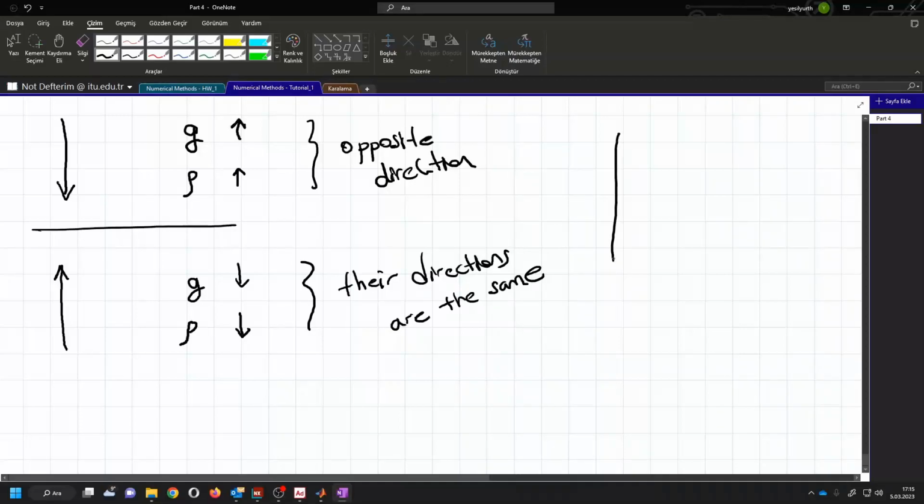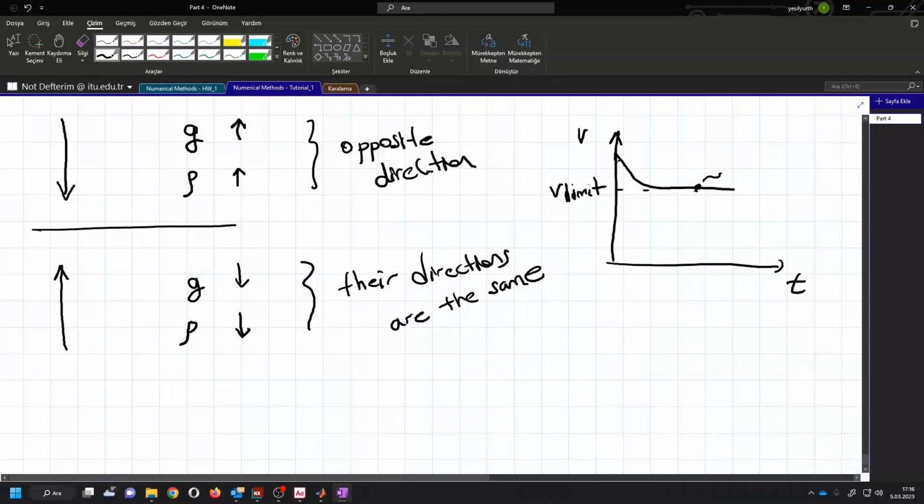We had a velocity with respect to time graph like this. And this value was, let's say, V limit, because there was a perfect balance between the gravitational force and the aerodynamic force.